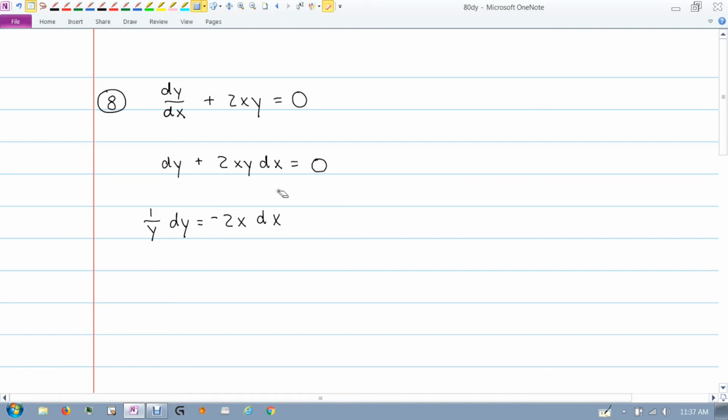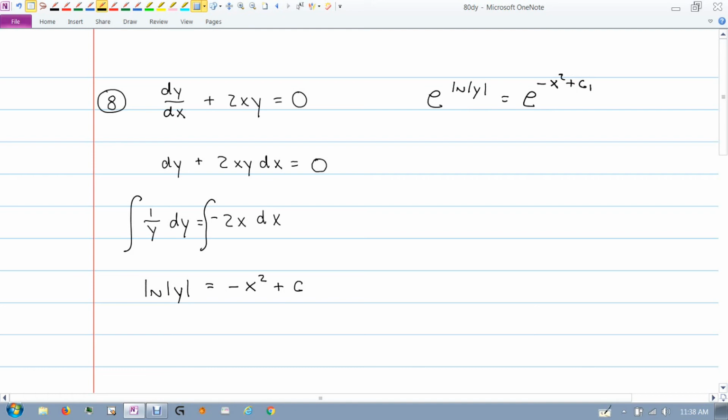Okay, so now we've got this, and now we can integrate. All right, so we've got natural log of y again. And then over here, we've got just negative x squared plus some constant, like that. And we'll do the e on both sides again. e to the natural log of y equals e to the negative x squared plus c.